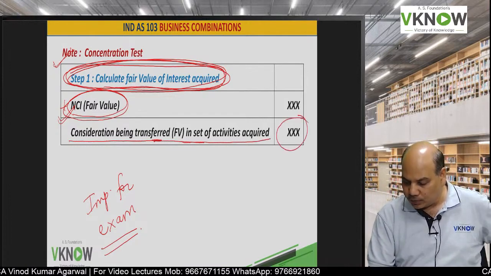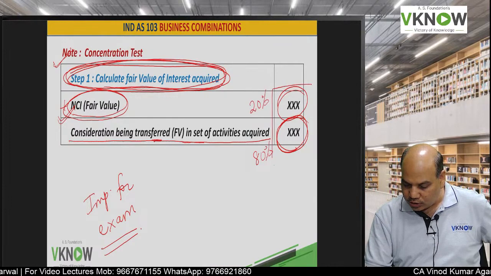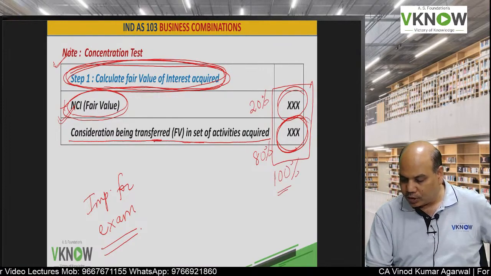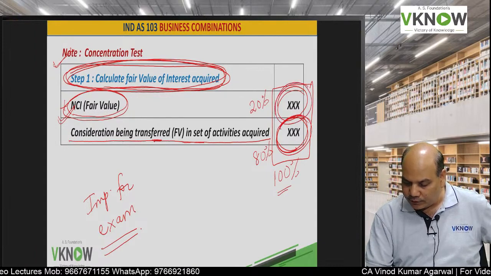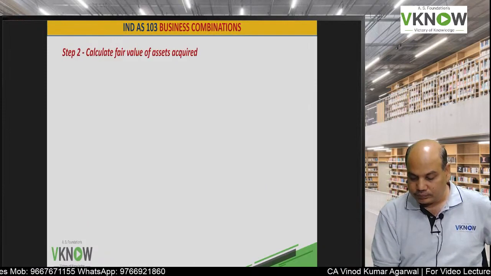So this is what you have paid and this is the value of NCI. So if you have acquired 80%, this is 20%. So in total you are actually paying 100%: what you paid plus the value of the non-controlling interest in that business.